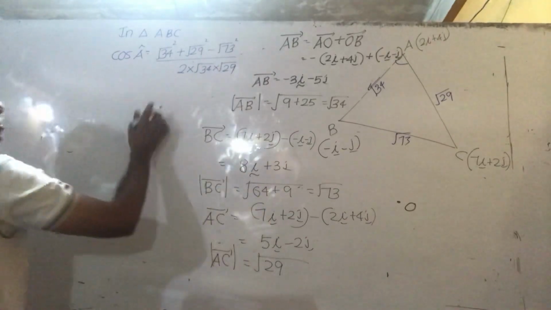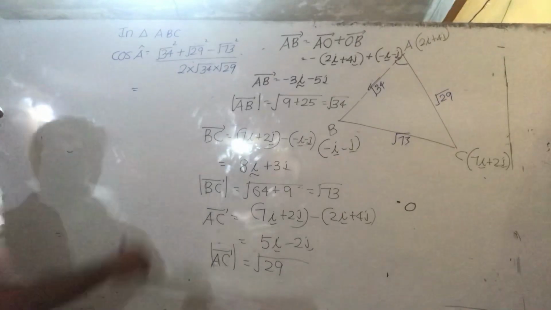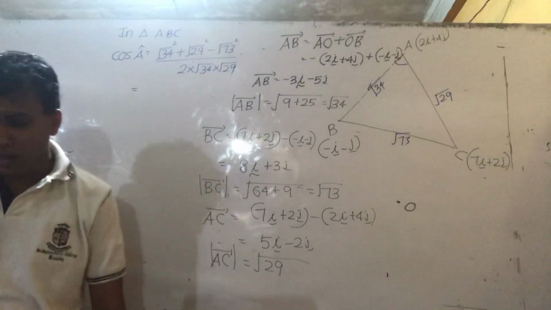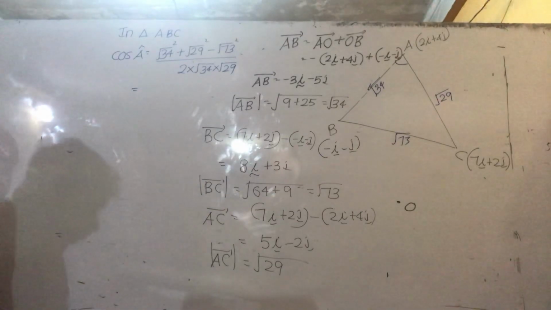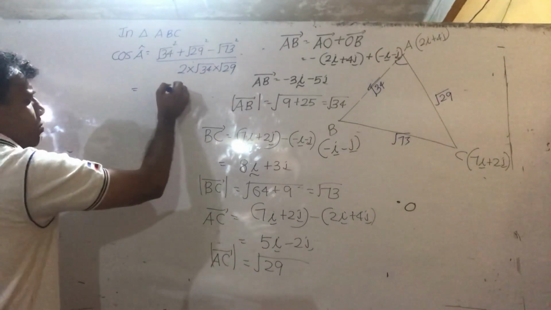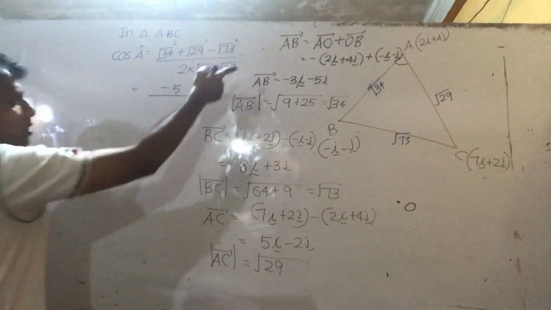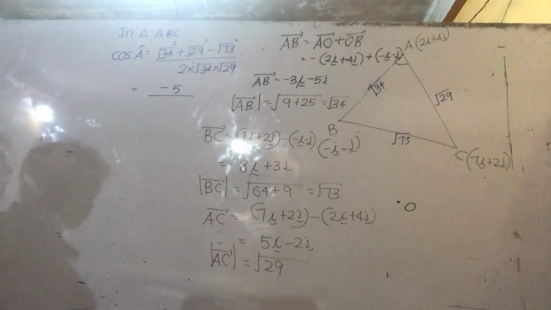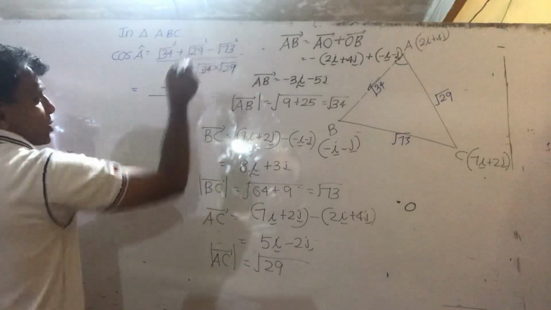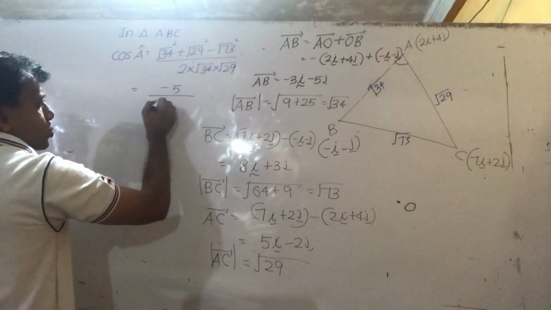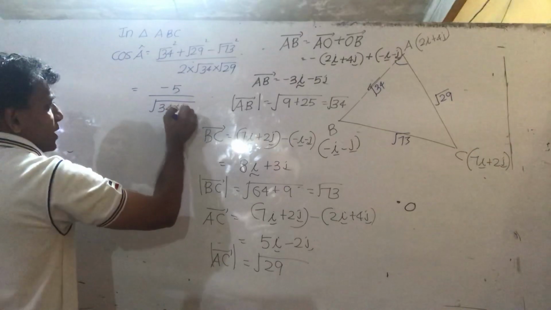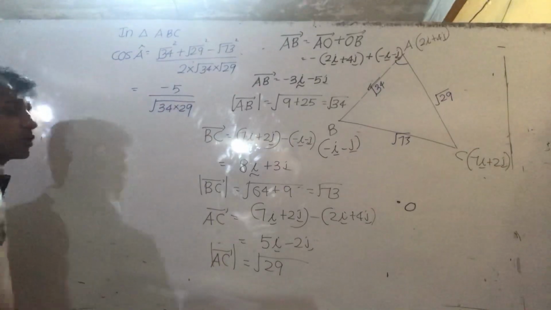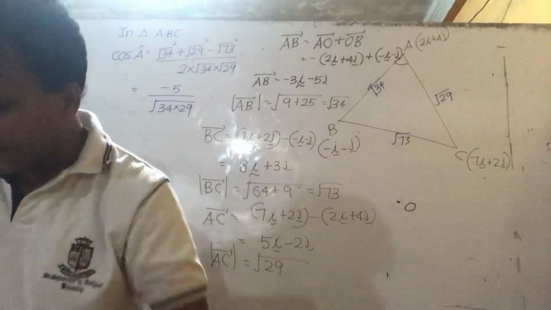So if you simplify, 34 plus 29 minus 73, that is to be subtracted. If you work out this answer, the value is minus 4 over 2 times that, right? So the 2 also cancels. If you simplify, the 2 cancels there, leaving square root of 34 and 29. Okay, this is cos A. Check this idea.